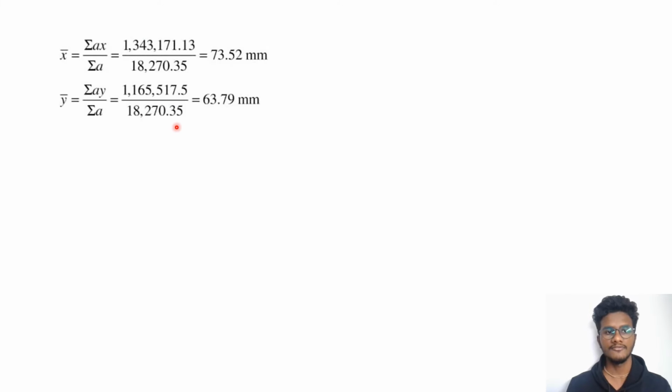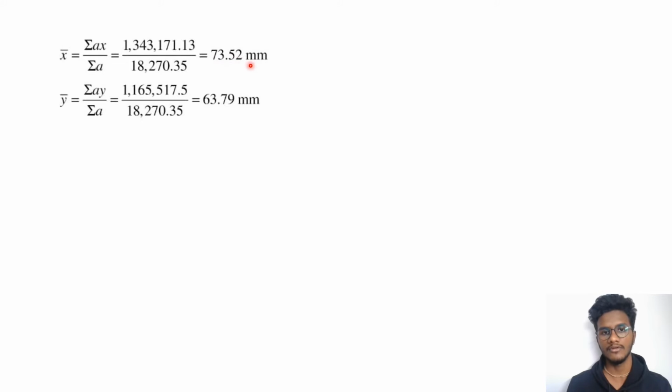So at last we need to calculate x bar and y bar. X bar formula is summation of Ax divided by summation of A. What we have got? 1,343,171.13 divided by 18,270.35. We'll get the value of x bar, that is 37.52 mm.